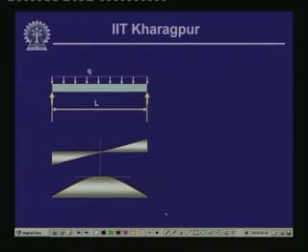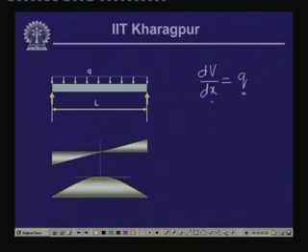In the last lesson we had seen that the differential equation dV/dx along the length of the beam is equal to Q, where V is the shear force and Q is the uniformly distributed load.